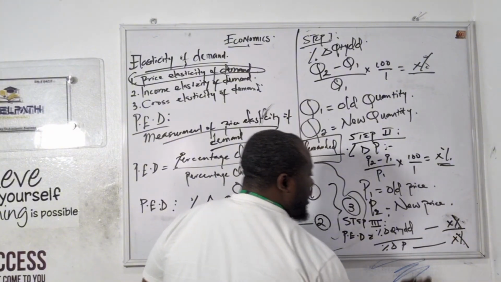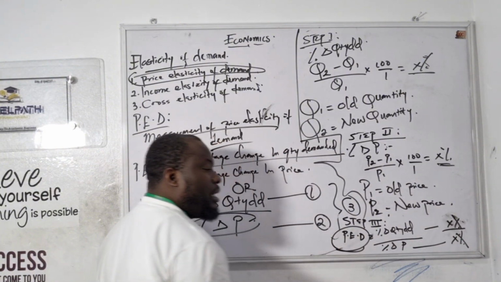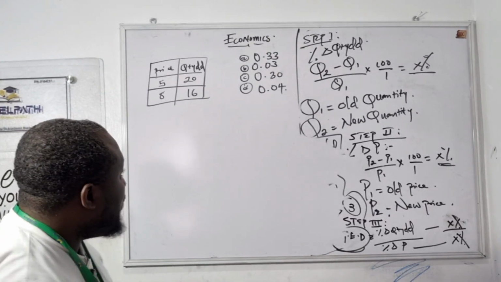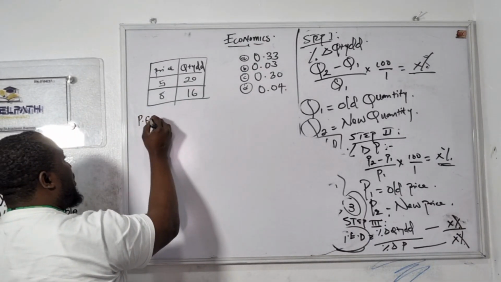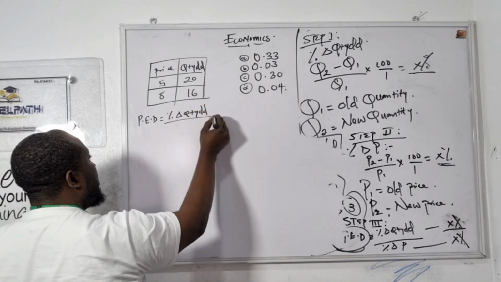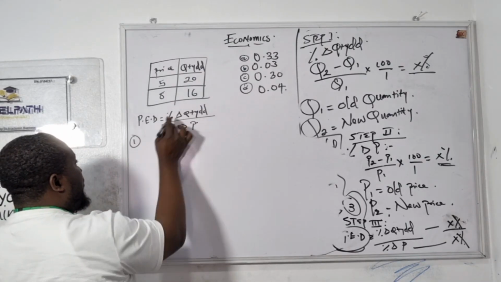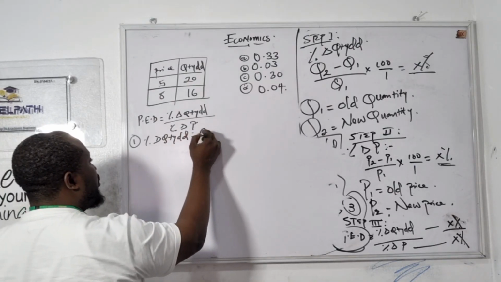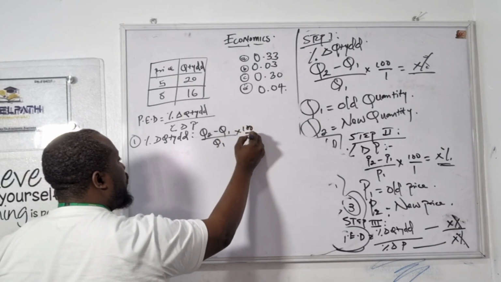Percentage cancels out percentage, so this divided by this will give you your price elasticity of demand. So the formula is price elasticity of demand equals percentage change in quantity demanded divided by percentage change in price. Your first step is to calculate percentage change in quantity demanded, which is Q2 minus Q1 over Q1 times 100 over 1.